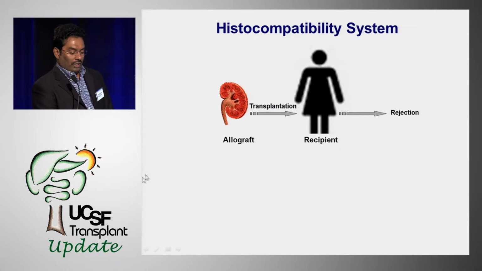If your recipient receives an allograft without any immunosuppression, they will reject. The system, the genes, proteins, and factors that are involved in this rejection process, we call it the histocompatibility systems.